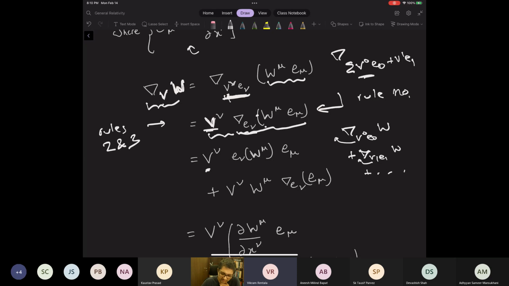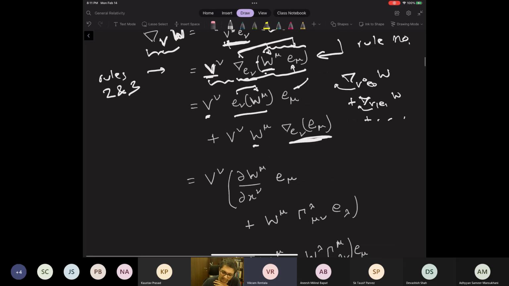Now the next step is that we're going to use our rule number 4, which is our Leibniz rule. Actually we'll use rule number 1 and 4 now, because there's a summation here. This gradient will act on W and it will act on E mu. So I'll write it as E nu acting on W mu times these E mu. This is the product rule: this derivative first acts on the coefficients, then I can pull out the coefficients and it acts on the basis vectors.